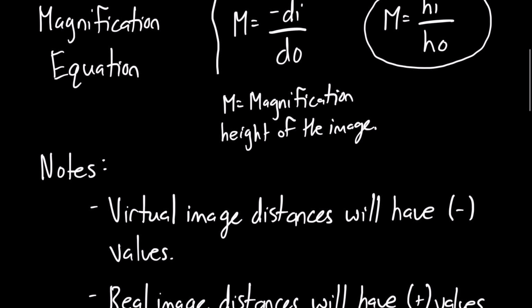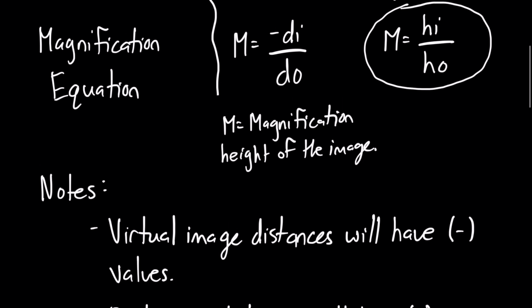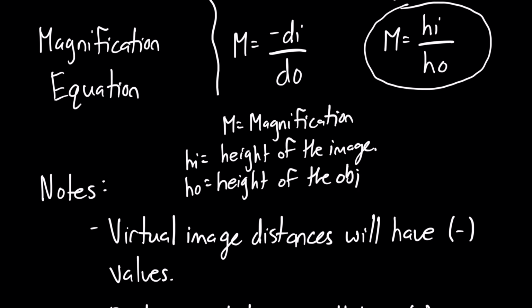And then we also have ho, which equals the height of the object. So again, that's just the distance from the principal axis to the top of the object.